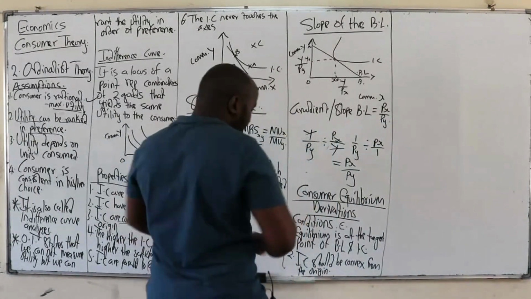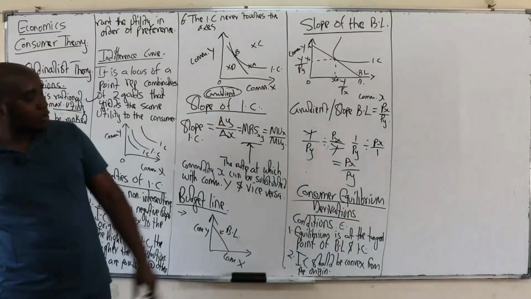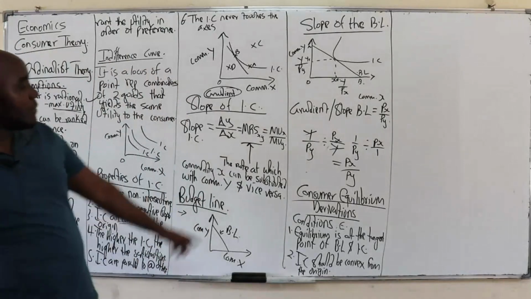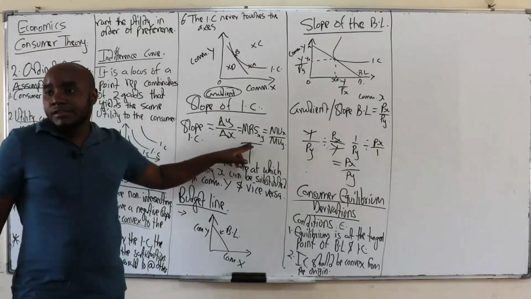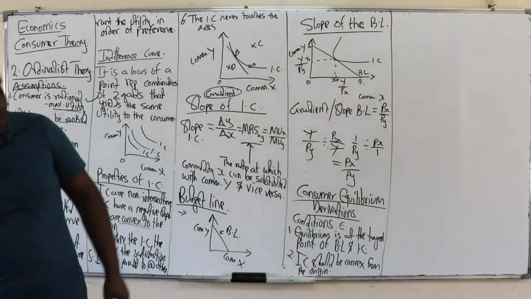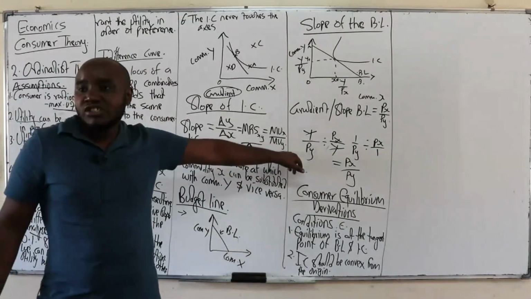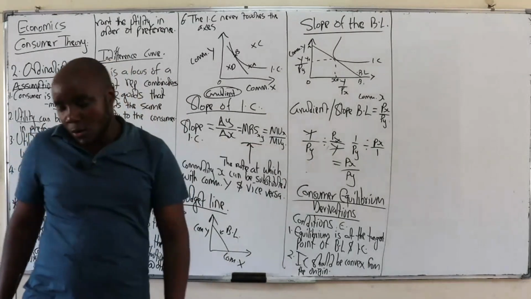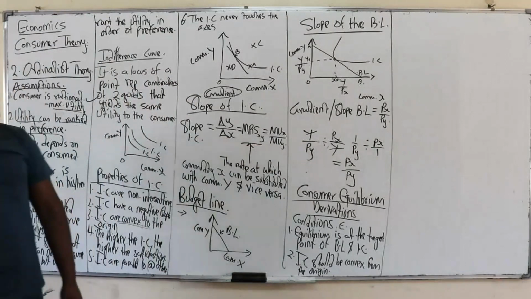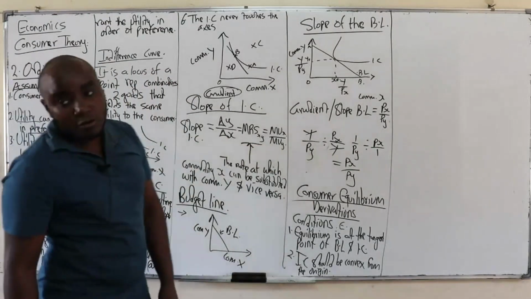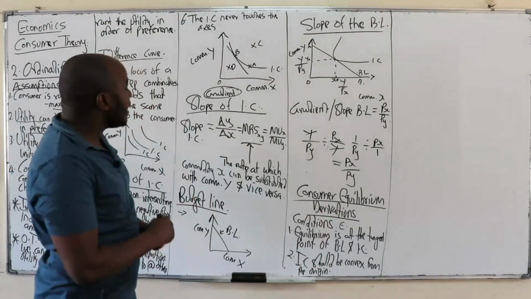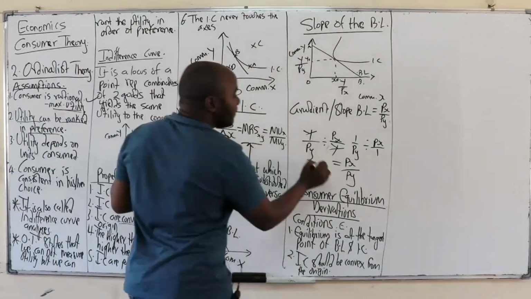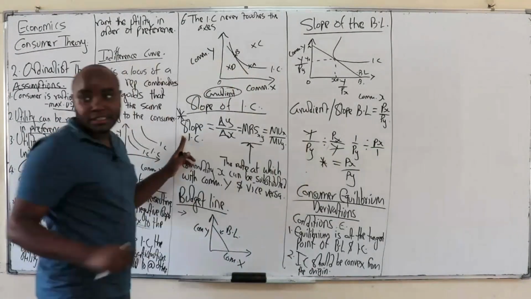When we say there is a tangent between the budget line and the IC, it's a situation whereby the marginal rate of substitution of X and Y is equal to the marginal utility of X divided by the marginal utility of Y, which is equal to the price of X divided by the price of Y. What we are saying is that we are equating the slope of the IC with the slope of the budget line.